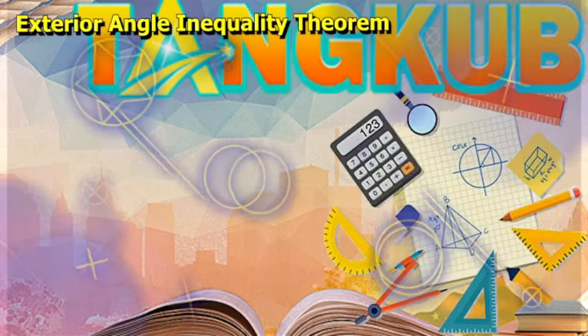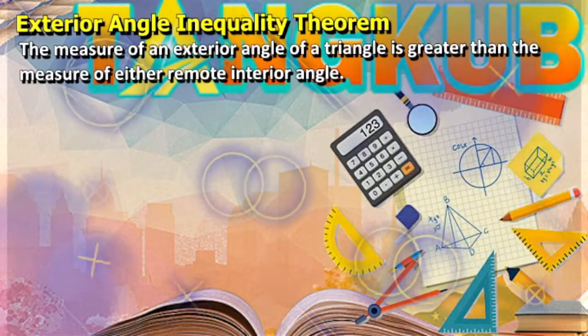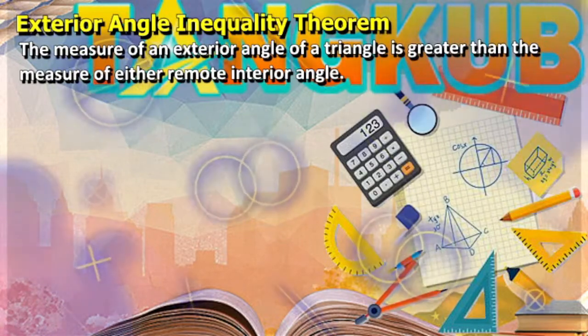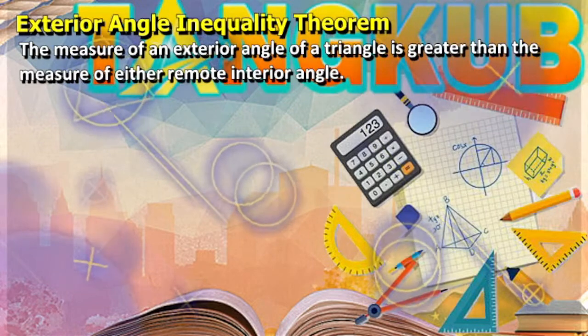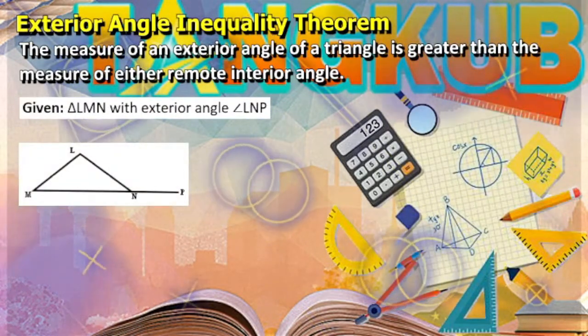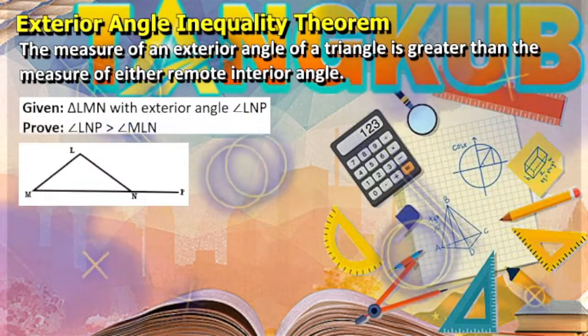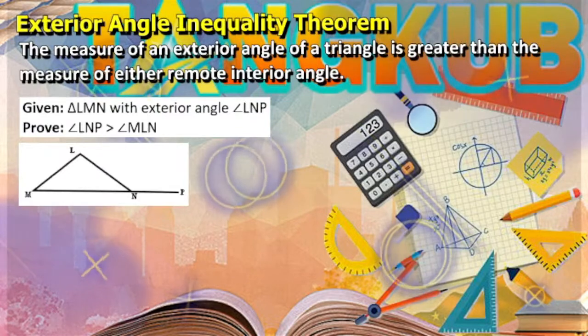Next is exterior angle inequality theorem. This theorem states that the measure of an exterior angle of a triangle is greater than the measure of either remote interior angle. Now to prove, given triangle LMN with exterior angle LNP, prove that angle LNP is greater than angle MLN.